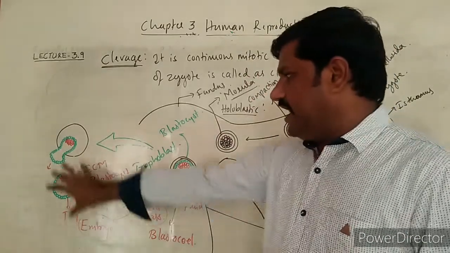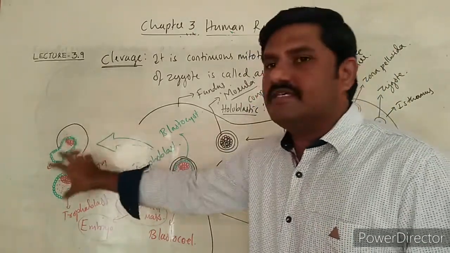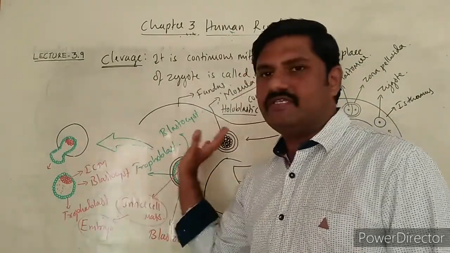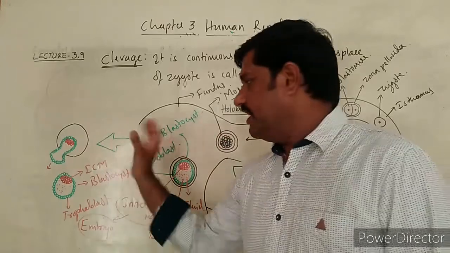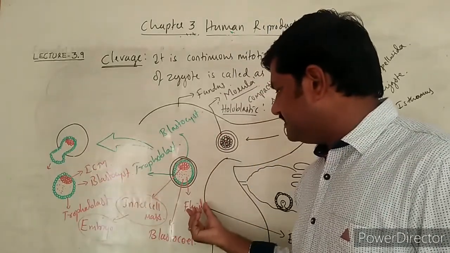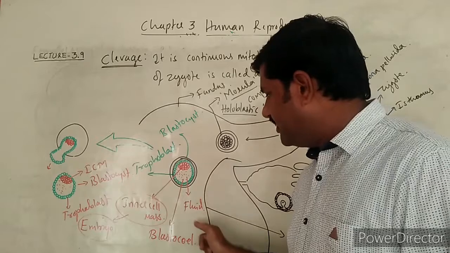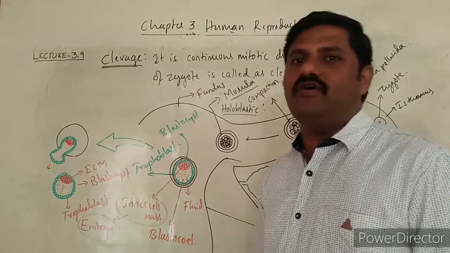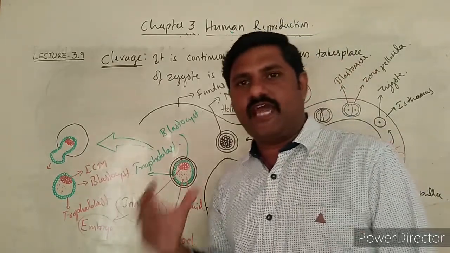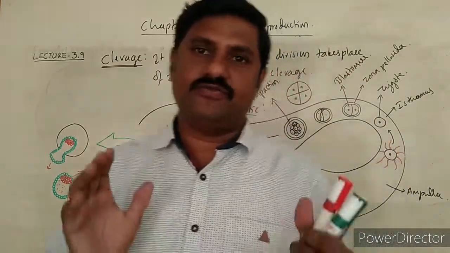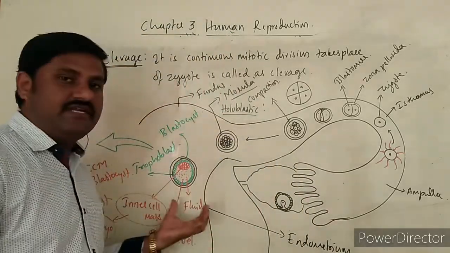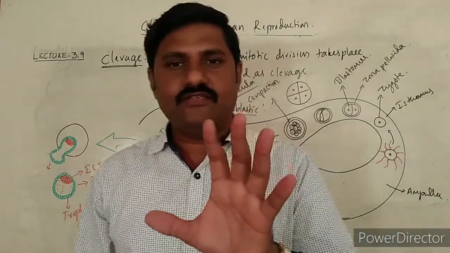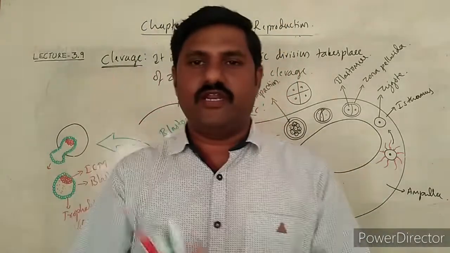All these happen during the course of 6 days, and on the 7th day it starts to attach to the endometrial wall. That process of attachment of the blastocyst to the endometrial wall is called implantation. This is the fact we must concentrate on.